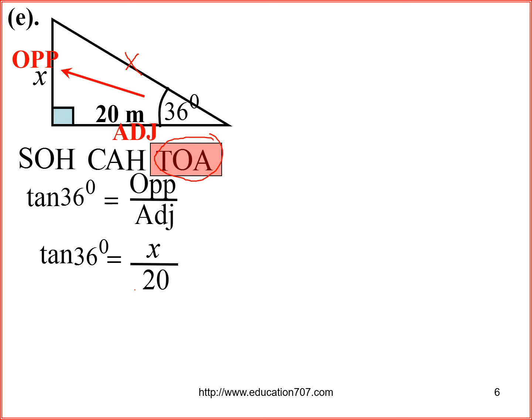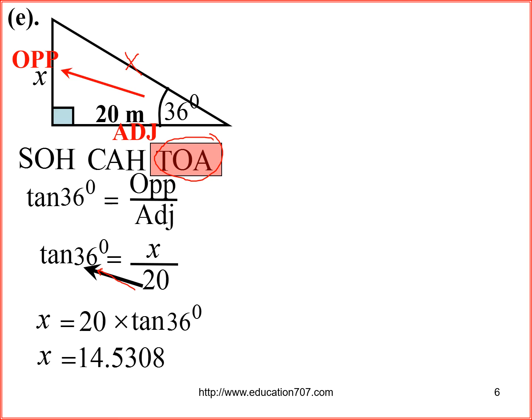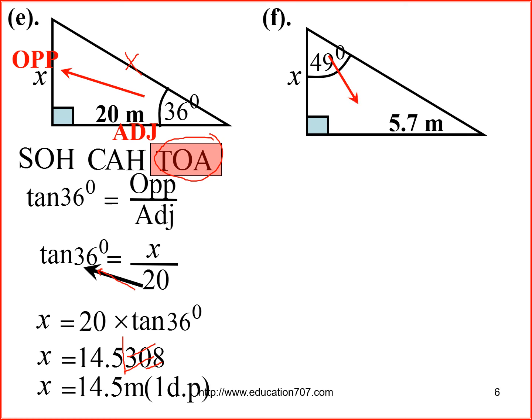So to obtain x, we cross multiply. We obtain x is equal to 20 tan 36, which is 14.5308. To 1 dp, x is equal to 14.5 meters.